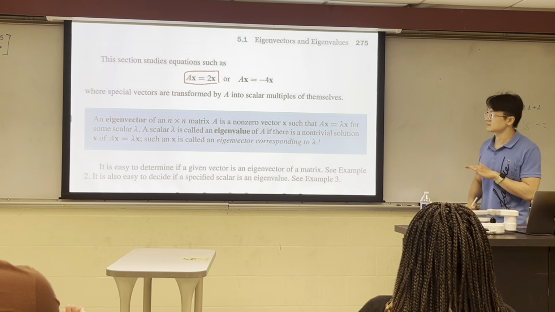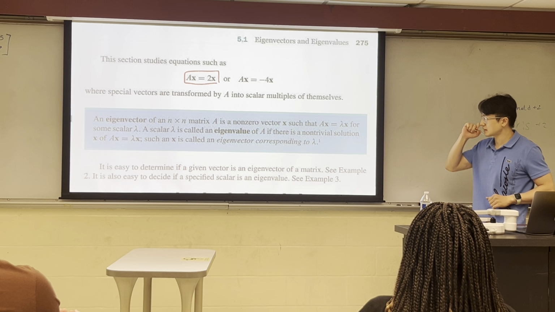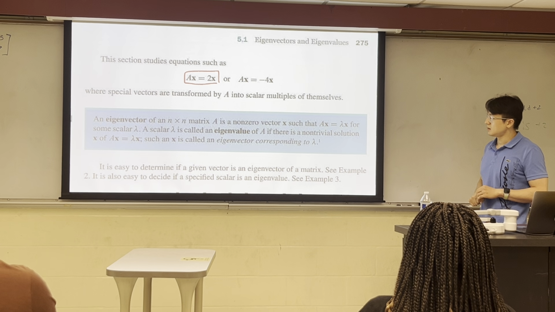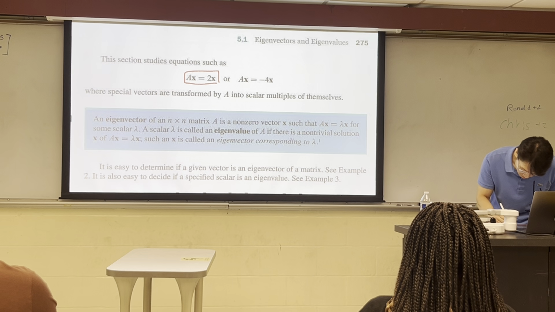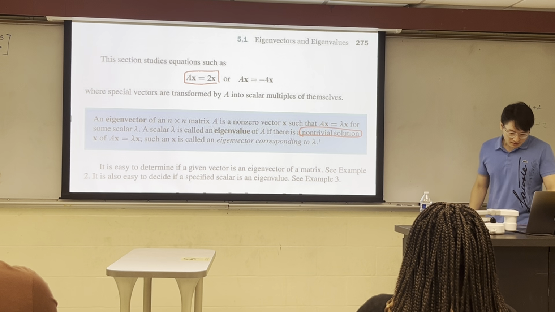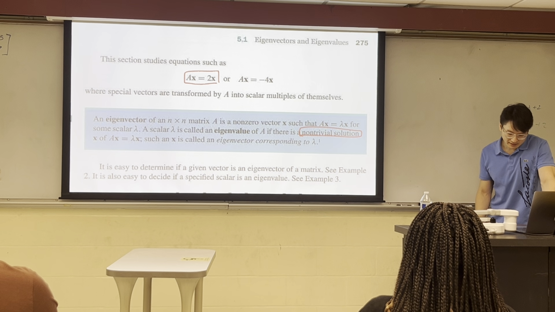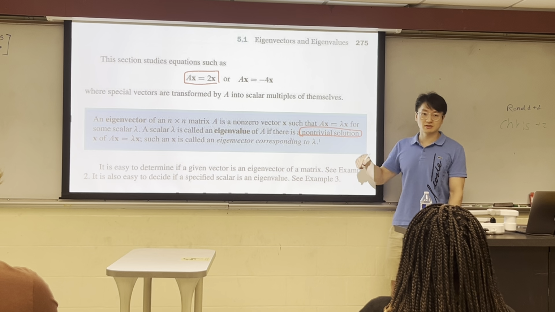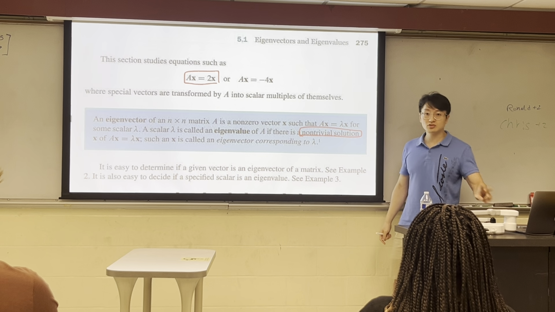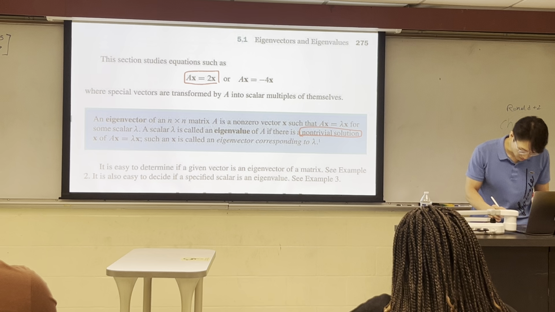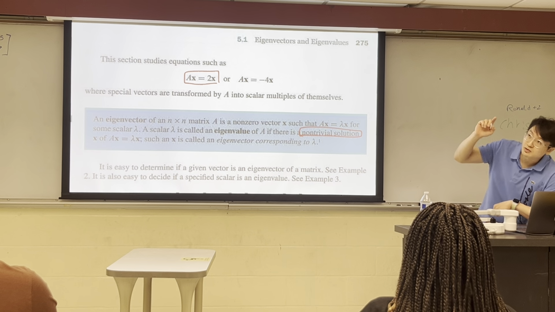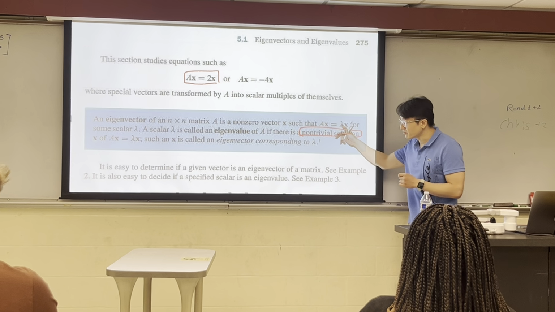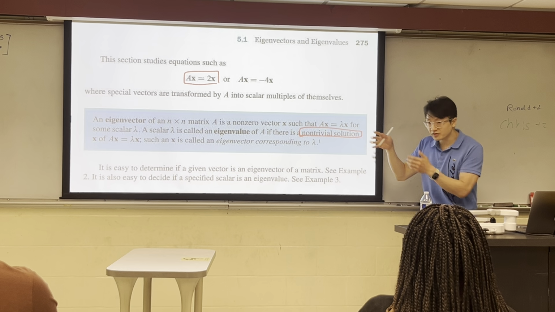A scalar lambda is called an eigenvalue of A if there is a non-trivial solution of A times X equals lambda times X. Such an X is called an eigenvector corresponding to lambda. Okay, so what was the lambda in the previous example? 2, right? Depending on the choice of A, you may have different values for lambda, and also different eigenvectors.